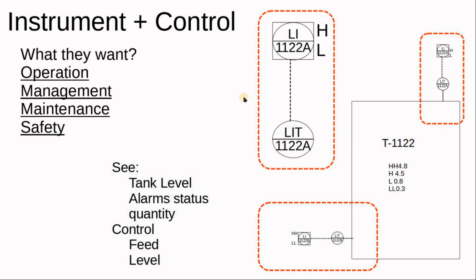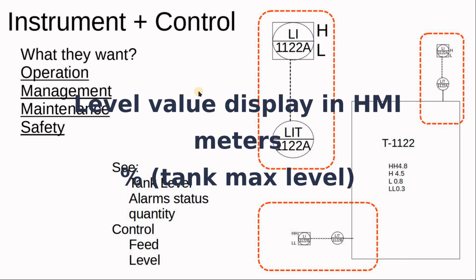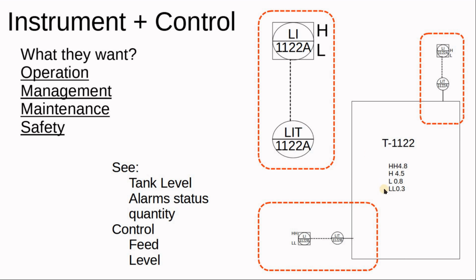This is 2 meters and that is 2 meters. You will be confused if you have more than 5 tanks. So in a lot of places, what they do is use percentage. So the level is in percentage. This tank is 50% full, 20% full, and so on. You have seen the alarm limits in meters; we have to convert them into percentage.